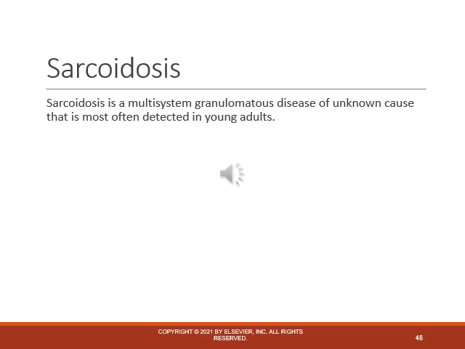This will then therefore appear as defined granulomatous nodules throughout the lungs or other organ system on either X-ray or CT. Often these patients are asymptomatic, and this is found as an incidental finding.